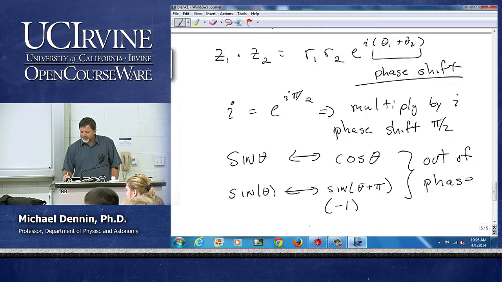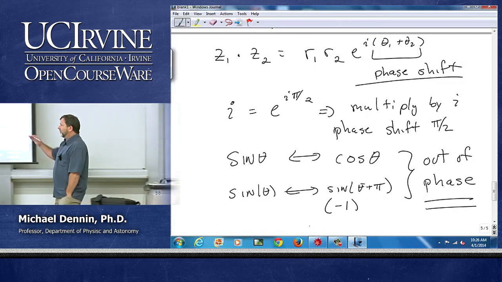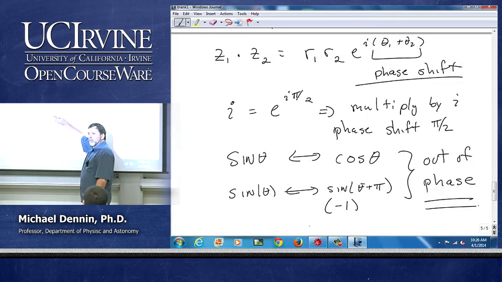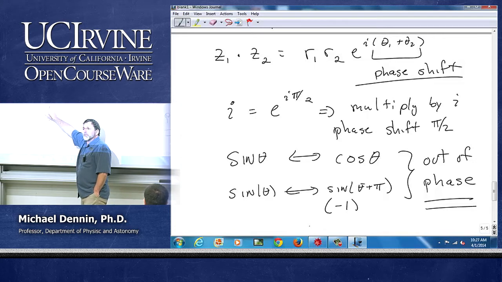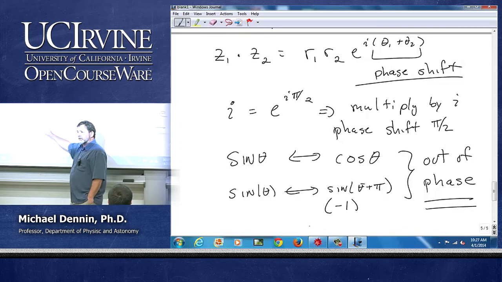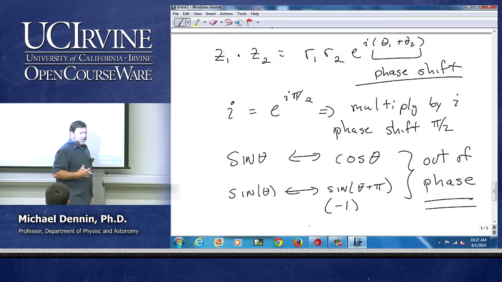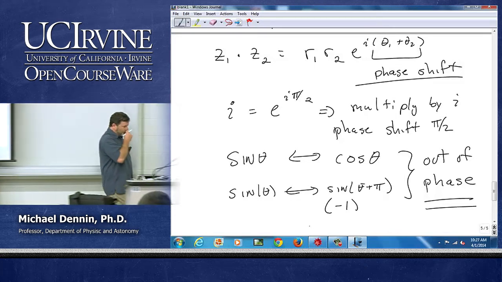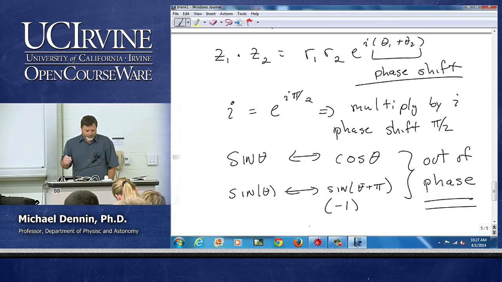And it just depends on the application. And that's why I point this out and give you a warning. You have to know your application to know whether we're talking about 90 degrees phase shift being out of phase. Are we worried about the difference between sine and cosine? Or are we worried about two things canceling, in which case we're looking at 180 out of phase? But that language, unfortunately, does get used. Now, any questions on that?